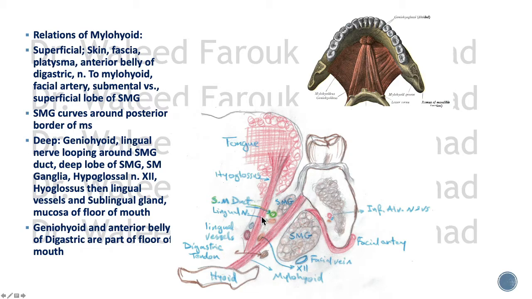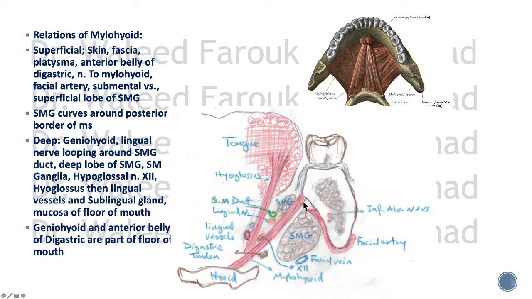And deeper you will find the hyoglossus, and deep to hyoglossus you will find the lingual vessels. So remember, the lingual artery, I mean, is medial to hyoglossus, while the lingual nerve is lateral to hyoglossus. The hyoglossus is between the two lingual structures. Okay? So don't confuse this.